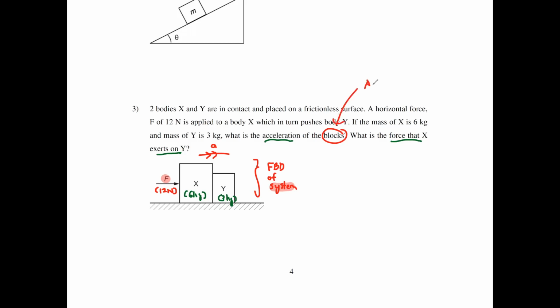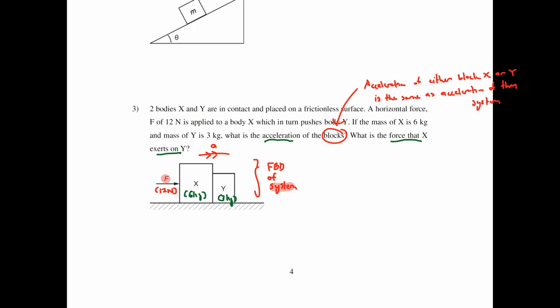Here it's important to know that the acceleration of either block X or Y is the same as the acceleration of the system.